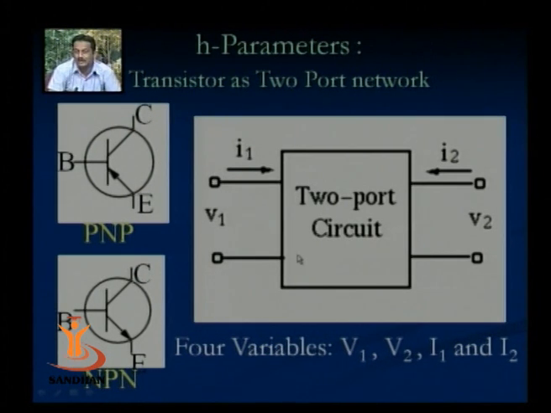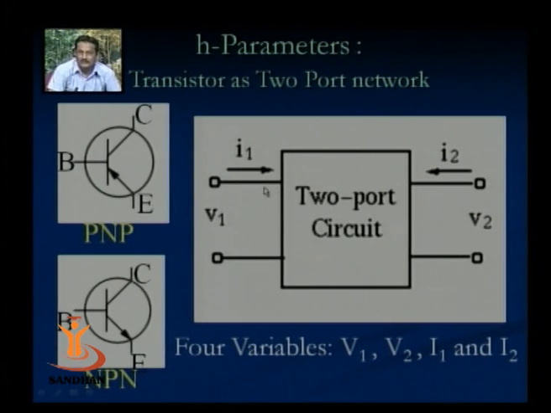Just like a transistor has three terminals, we keep one as common and the rest of the two form either the input or output sections. So here we consider the bottom line, this V1 line, as the common line.